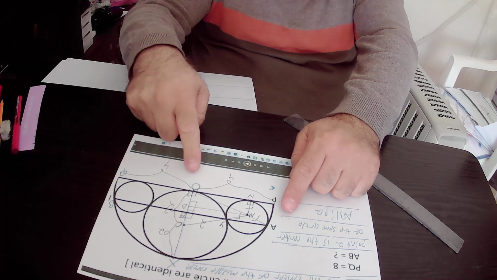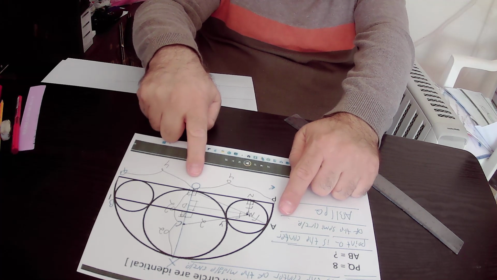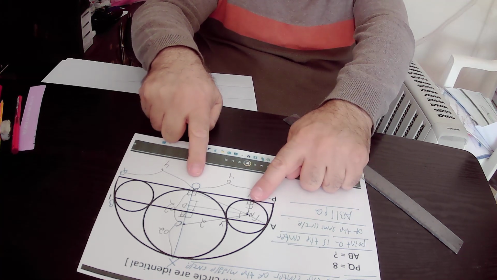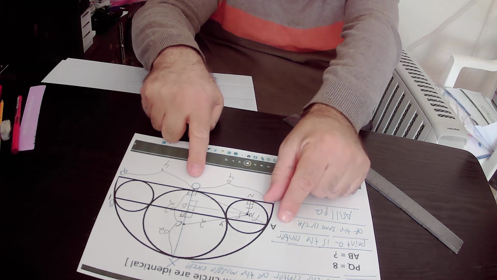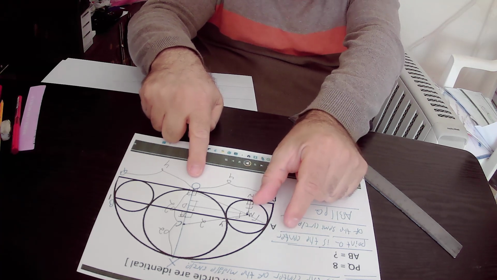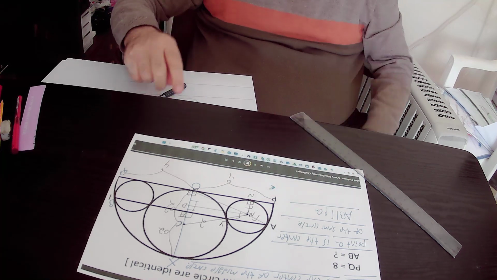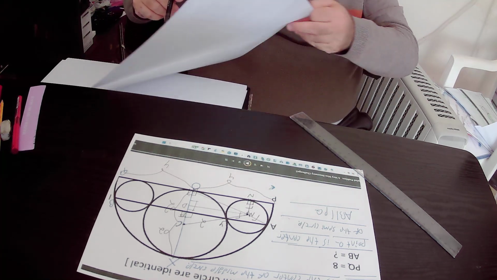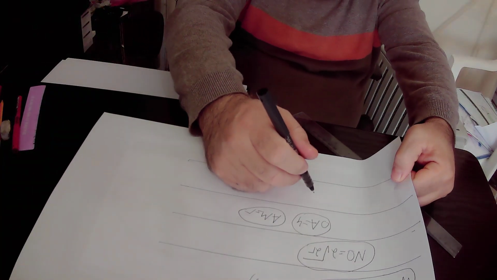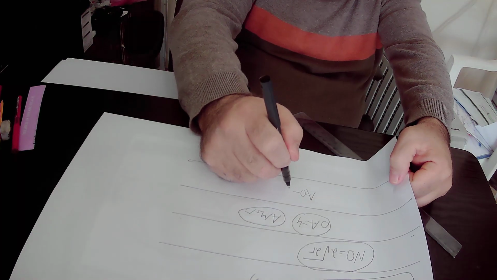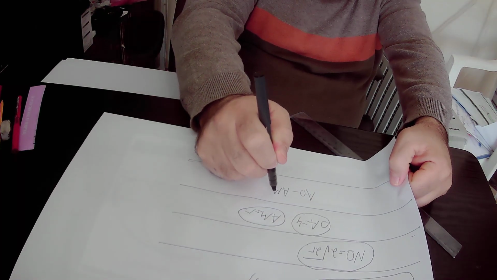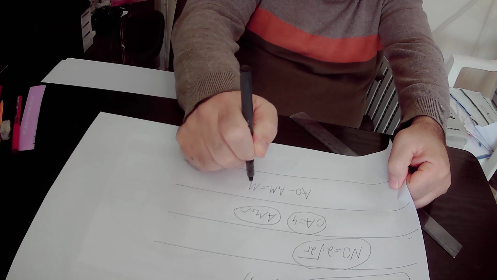You can see from the drawing easily that MO equals to AO minus AM. Again, AO minus AM equals to MO.